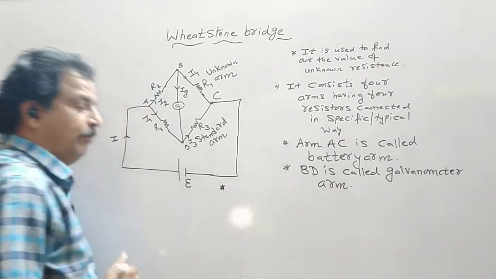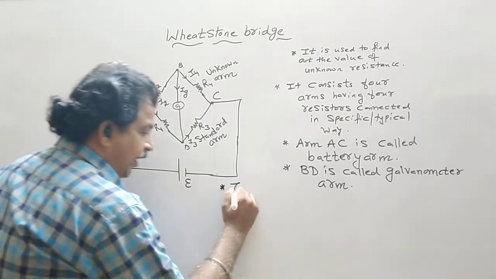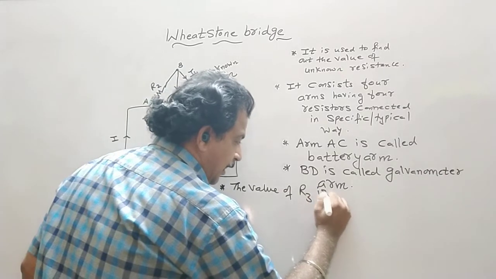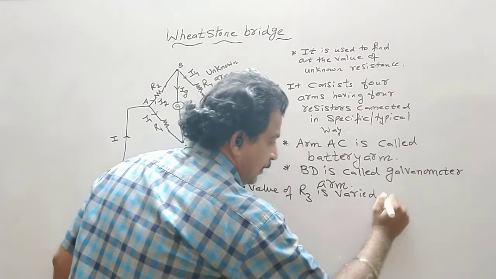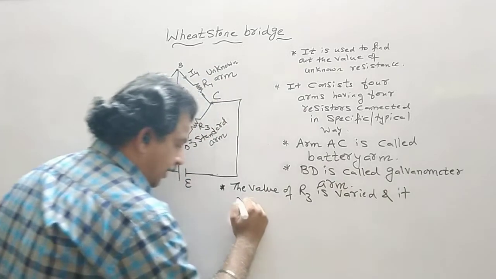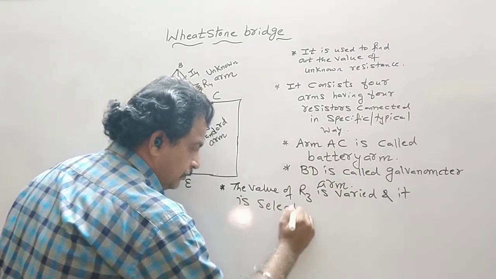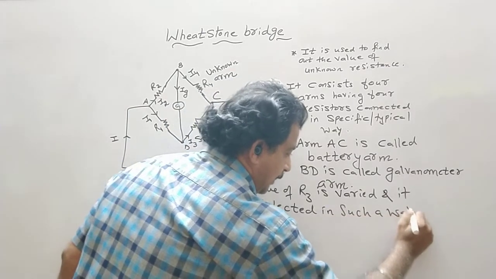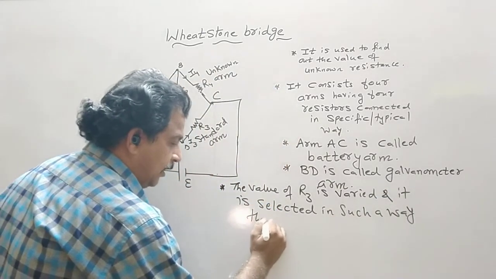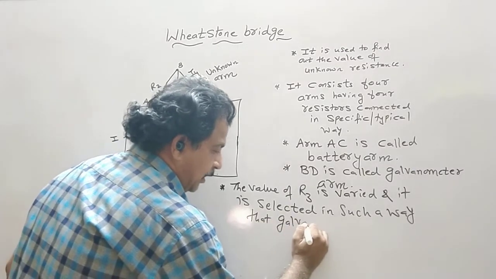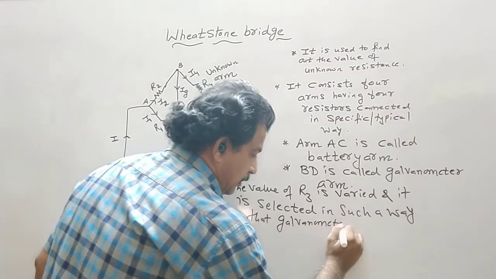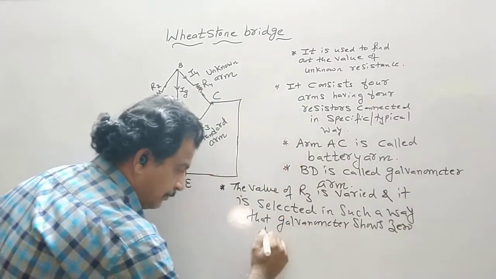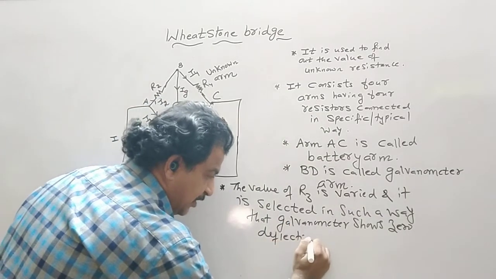So while performing the experiment, the value of R3 is varied and it is selected in such a way that the galvanometer shows zero deflection.